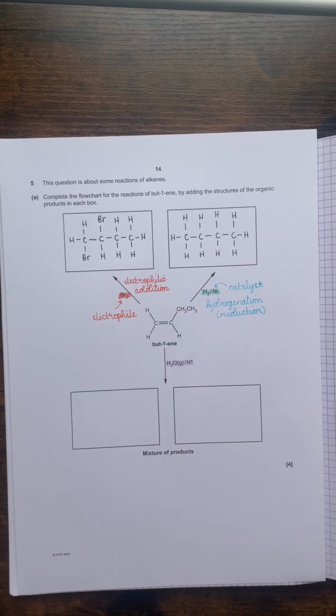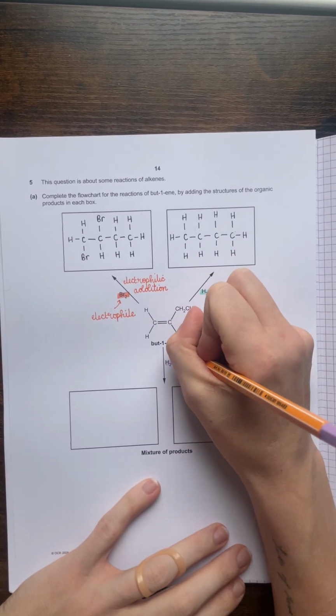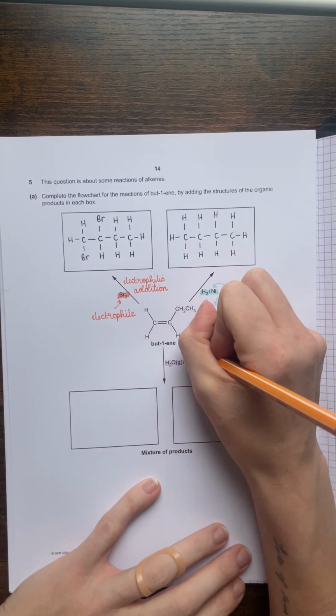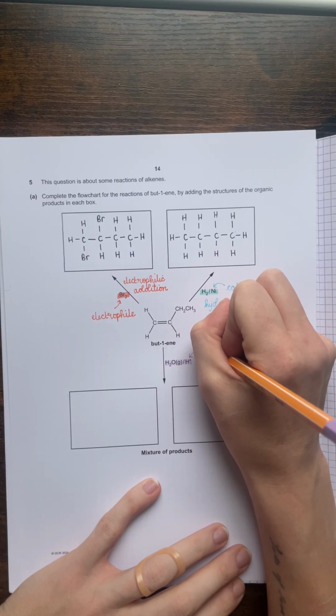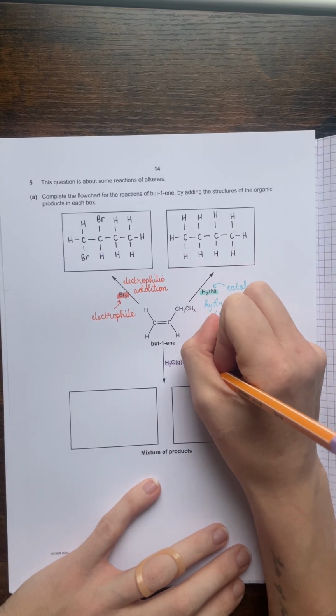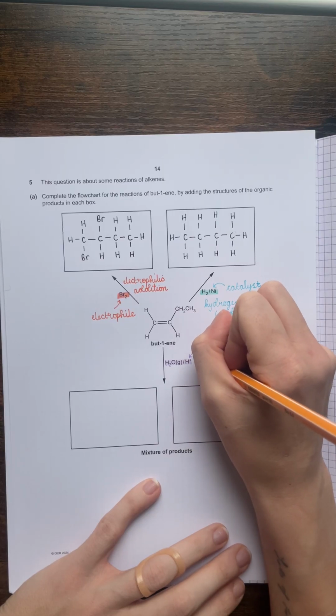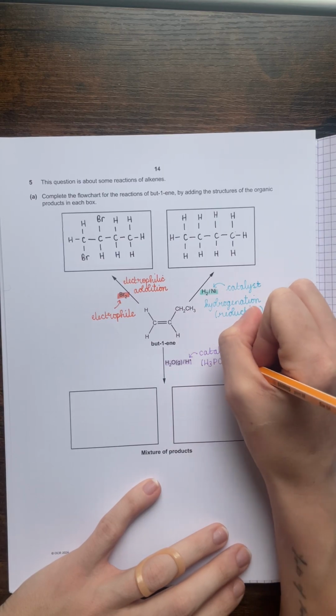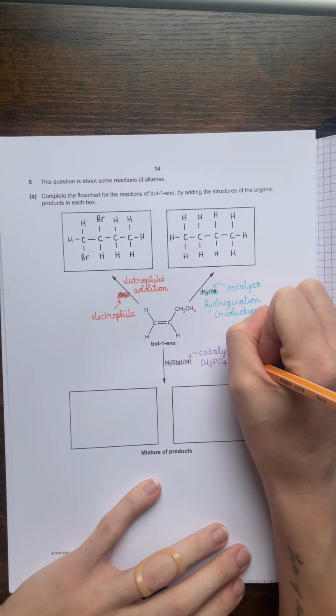That's the one I know it as, but I think sulfuric acid is also accepted here. And this again would be our catalyst in this reaction. So I'll put in brackets H3PO4, which is phosphoric acid, and then H2SO4, which is sulfuric acid.